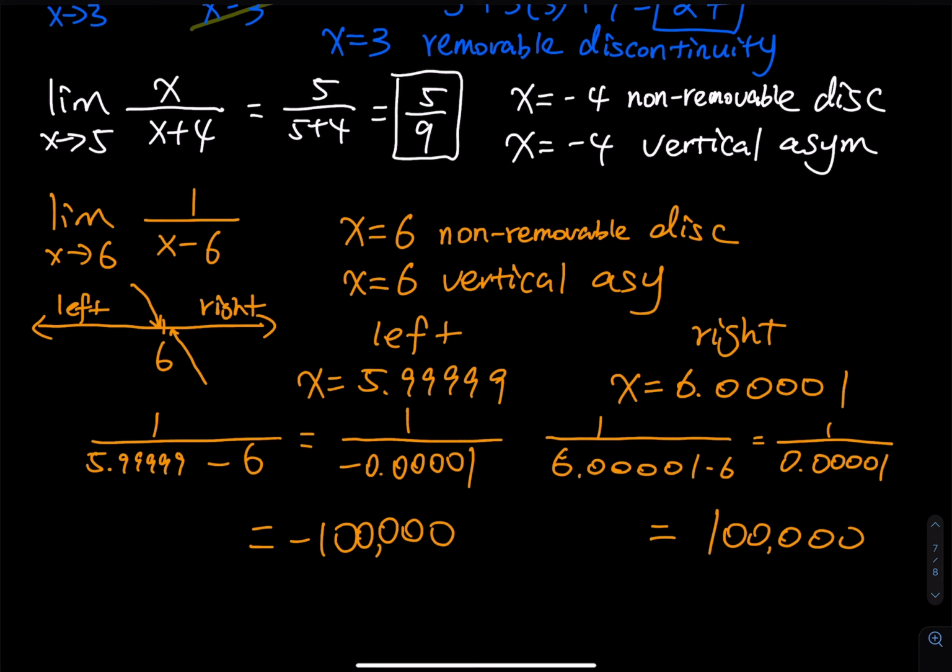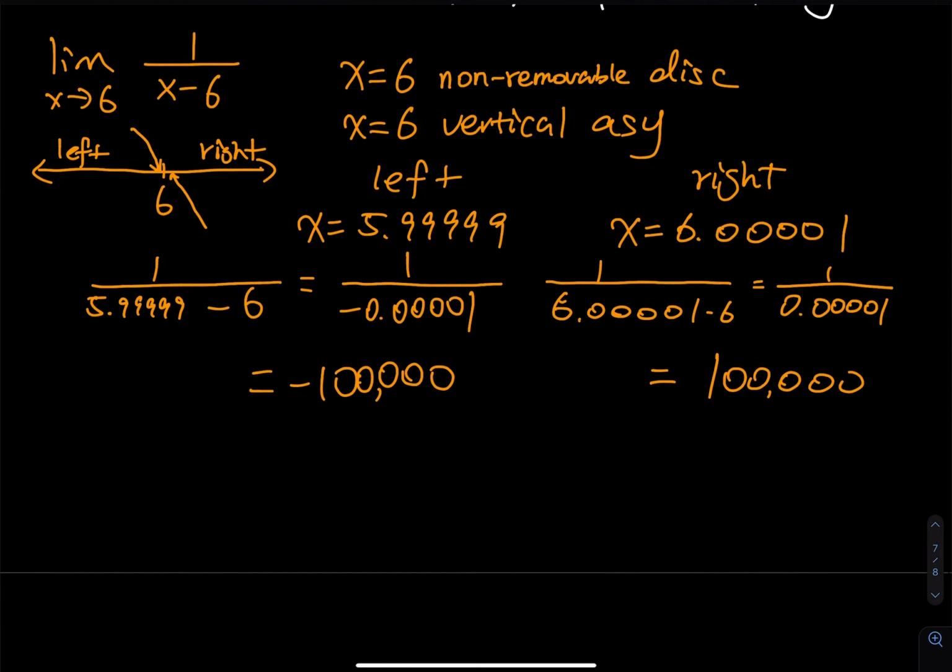Okay, now, what's your conclusion? Before we jump into our conclusion, I want to tell you something extremely important that you have to think about when you study limits in calculus 1.